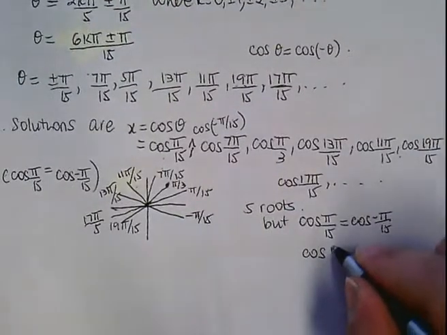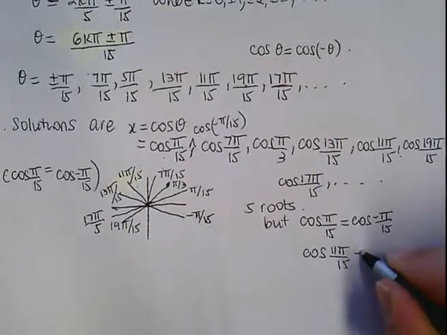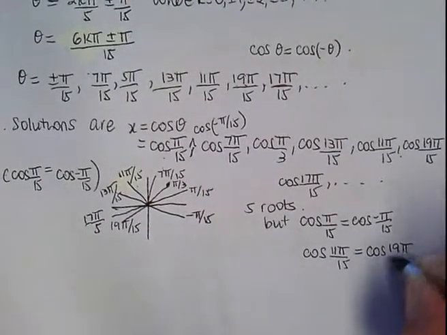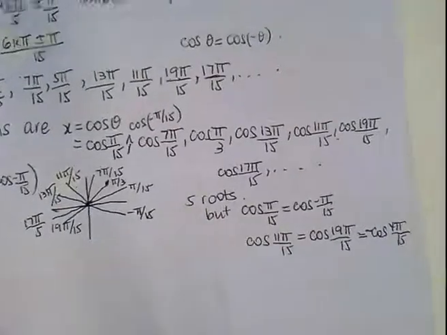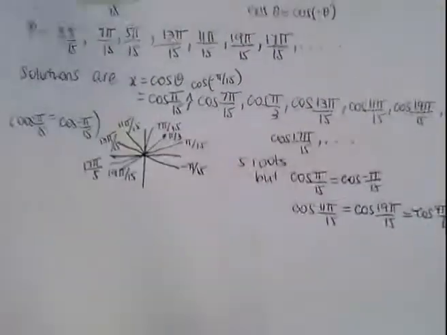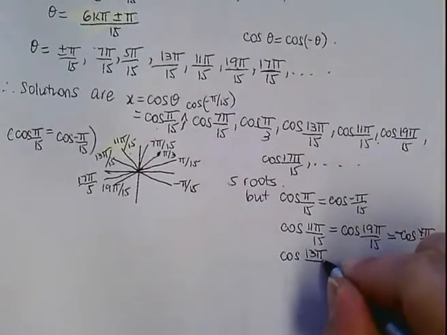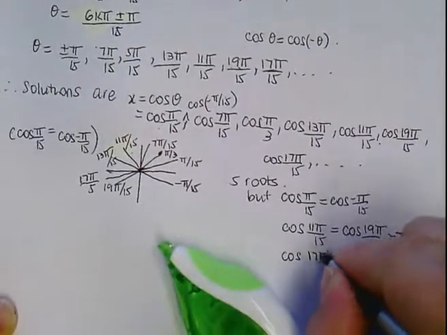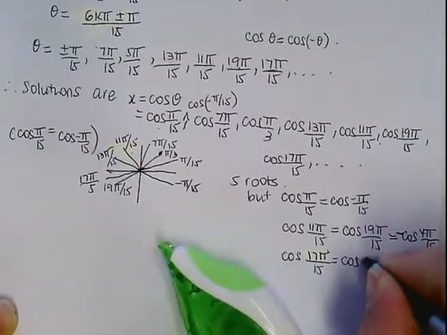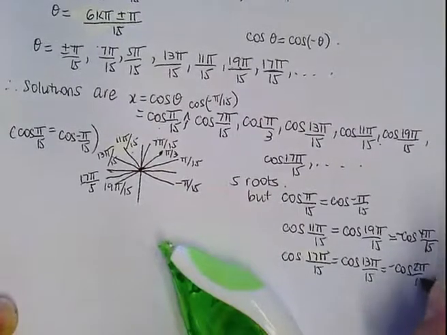So we know that the cos of 11 pi on 15 is the same as cos of 19 pi on 15, because they're both equal to negative cos of 4 pi on 15. So I don't need to repeat that root of cos of 11 pi on 15. And we know that the cos of 13 pi, actually, no, we want to have that one. We know that the cos of 17 pi on 15 equals the cos of 13 pi on 15, which equals negative cos of 2 pi on 15.